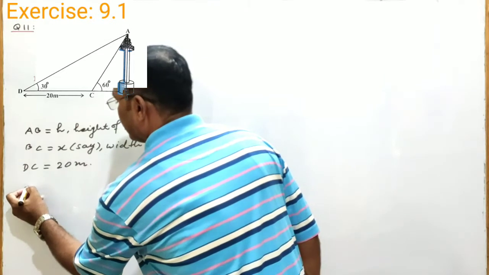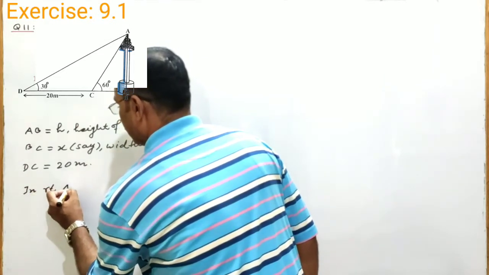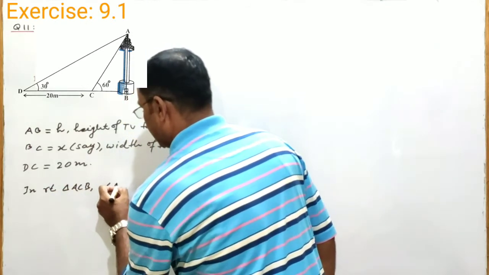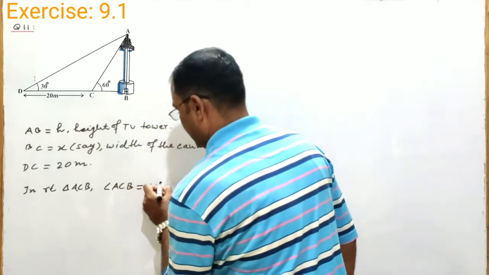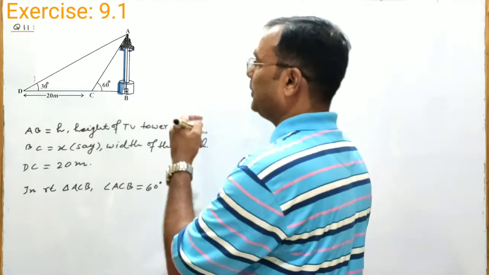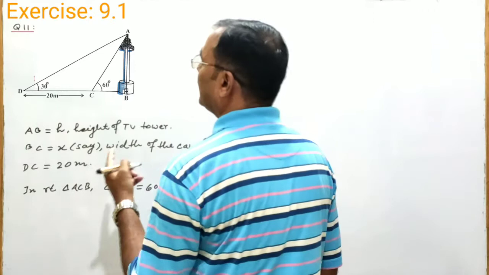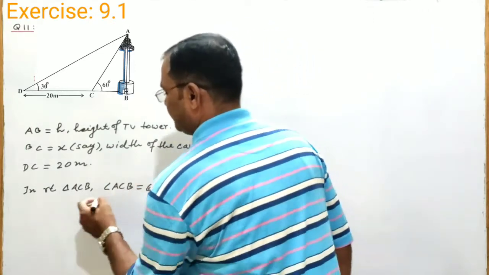ACB, angle ACB is 60 degree, which is angle of elevation of the top of the TB tower from the point C, which is on the opposite bank of the canal.